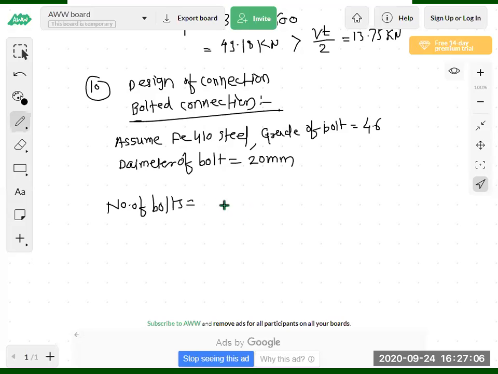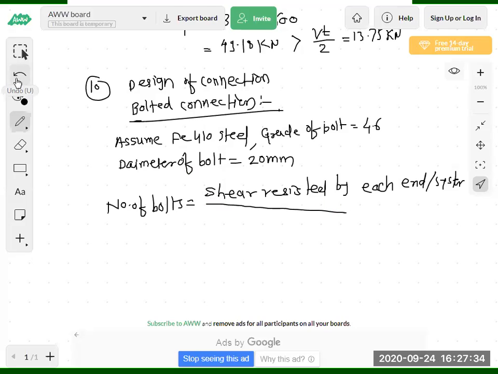So we have to calculate the number of bolts for each end. So we have to take here load is shear resisted by each end, or system. Number of bolts काढायचे आहेत. कुठले bolts काढायचे आहेत? Number of bolts लेसिंग फ्लॅटला आपल्याला एंडला जोडण्यासाठी नंबर ऑफ बोल्ट्स काढायचे, divided by here design strength of bolt.